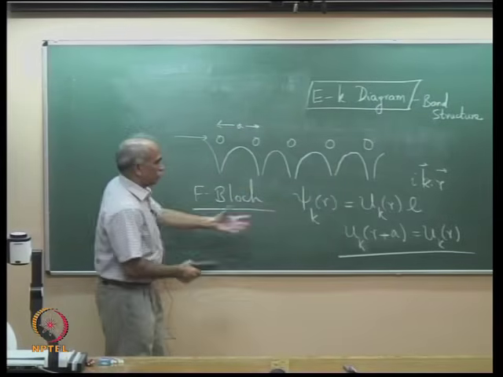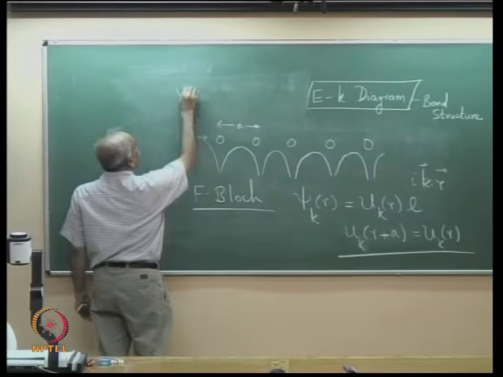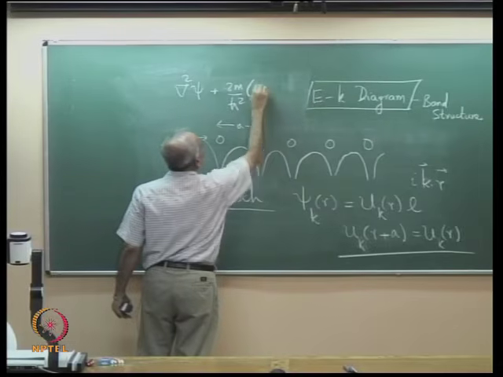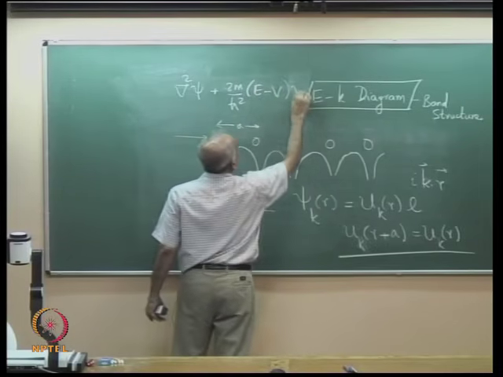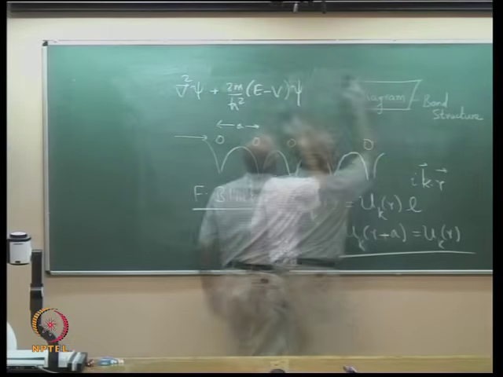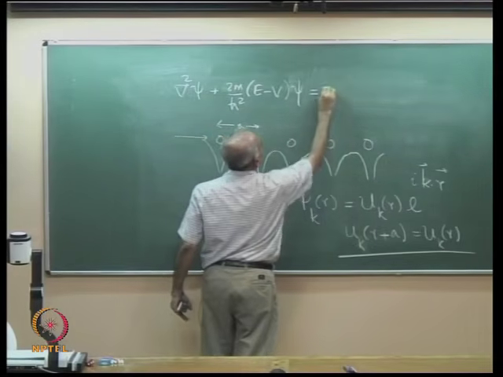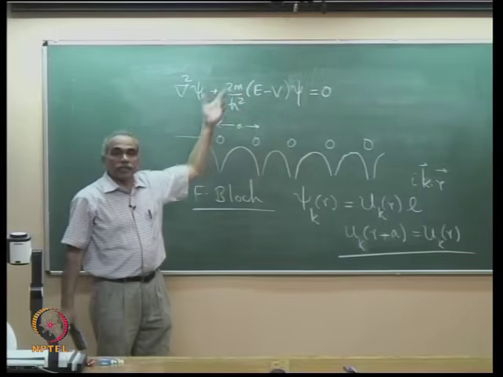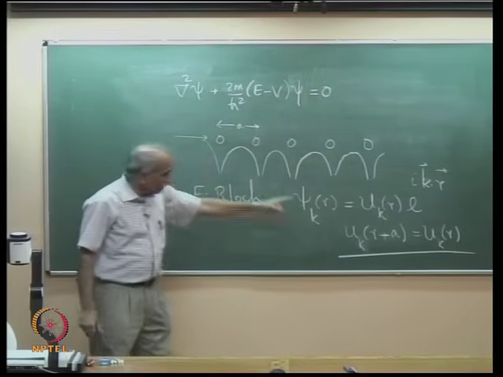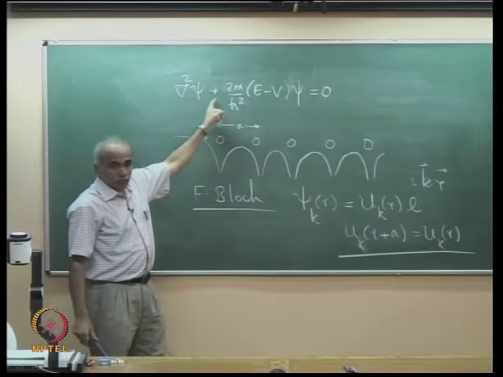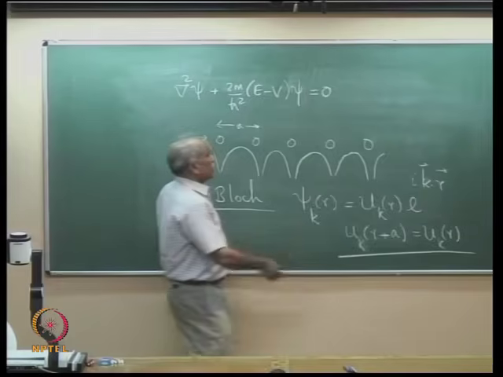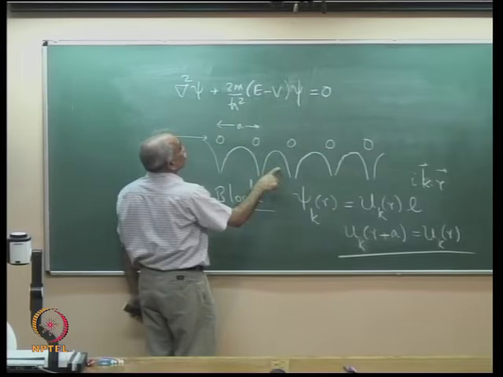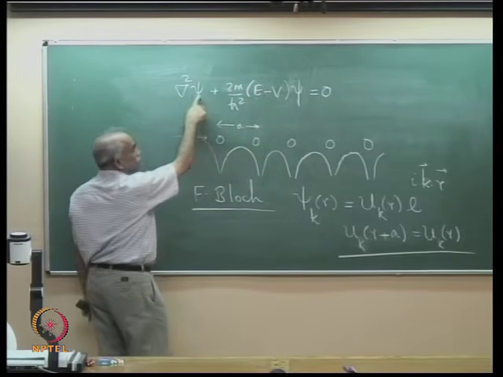If you substitute this form of the wave function in the Schrodinger equation, del square psi plus 2m by h cross square into E minus V into psi equal to 0, then it turns out that this can be solved by several numerical and analytical techniques. If you substitute this form of psi in this, then you can solve and you get energy eigenvalues. Please see here, E is the energy eigenvalue, V is this periodic potential, m is the mass of the electron, and psi is the wave function.